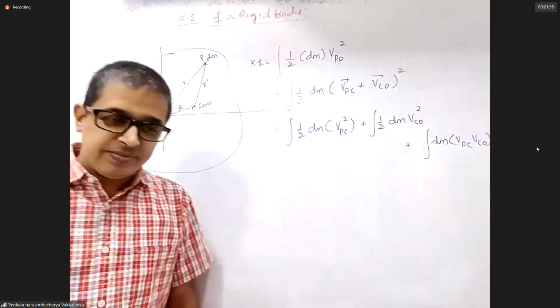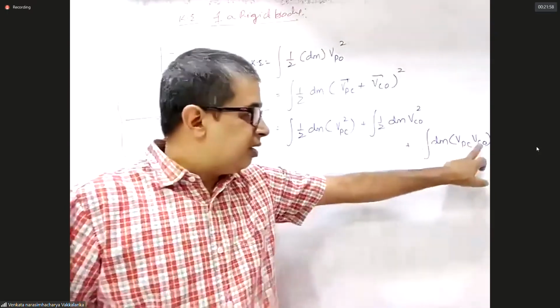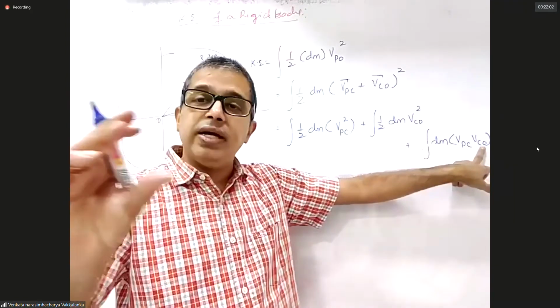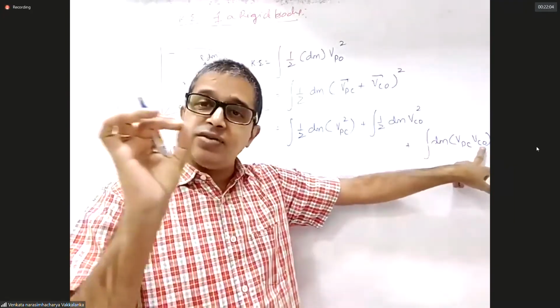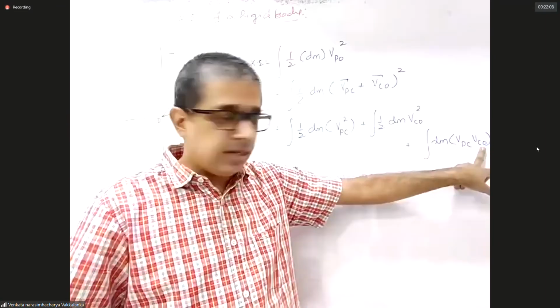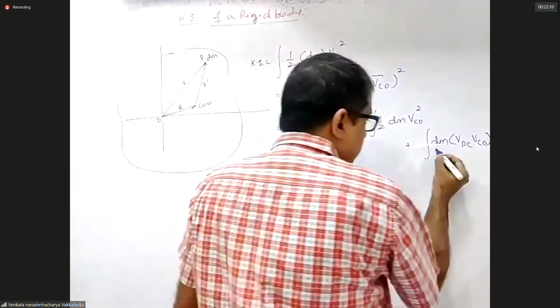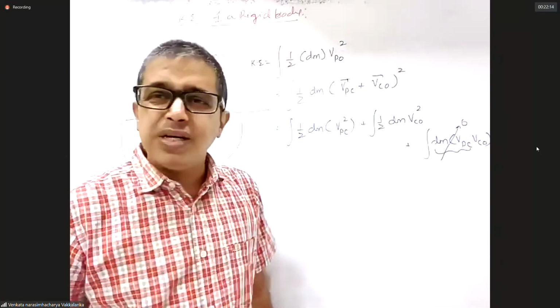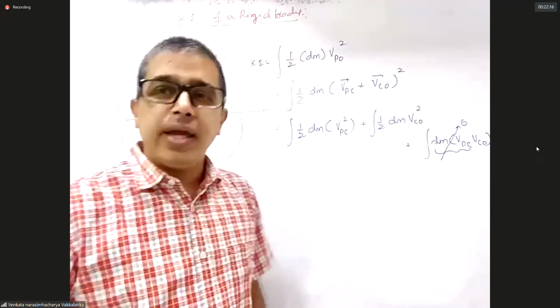Right? Yes, sir. Now I'll bring the center of mass velocity outside. The center of mass is either going with uniform velocity or it may be at rest. Now this expression is important. This will turn out to be 0. Why?